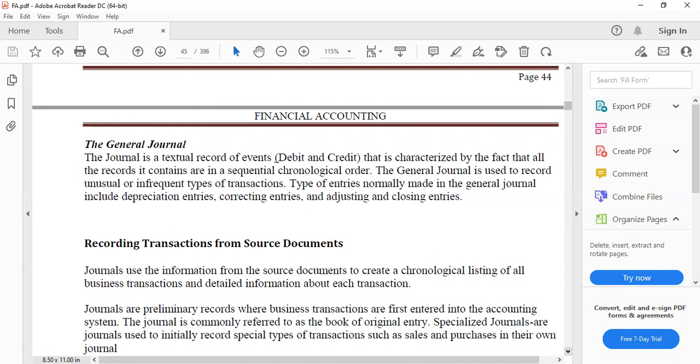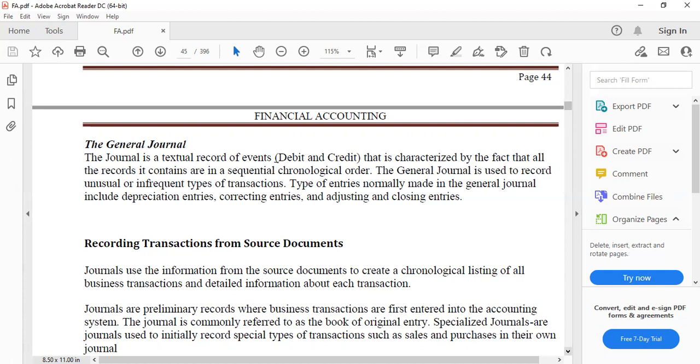Basically, those transactions that don't fit in the above journals, you bring them to the general journal. That means they cut across almost all other journals. All the information is important across several of the respective journals. Therefore, you transfer them to the general journal.